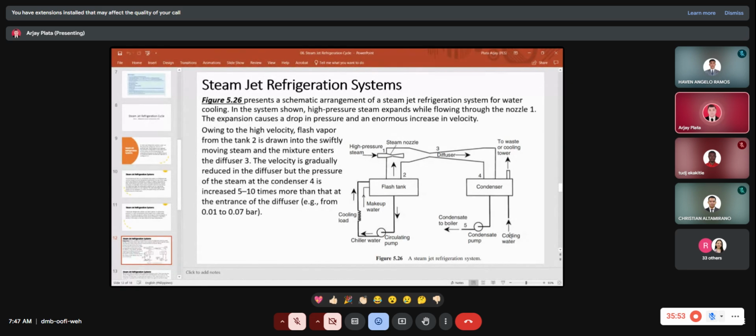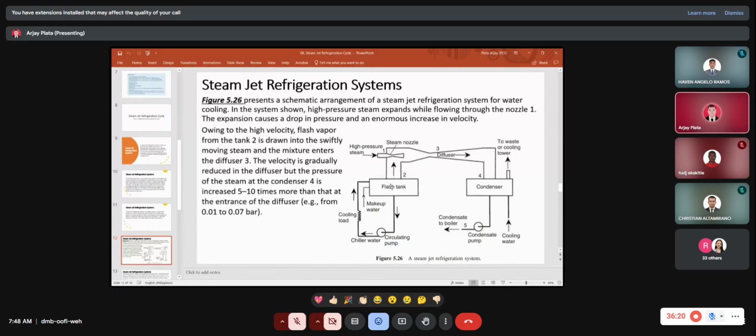So we have cooling water entering the condenser to cool down the steam coming here from the diffuser. So it will condense, and then the water will be pumped again to the boiler. Then the boiler will produce a high pressure steam, and the cycle goes on.